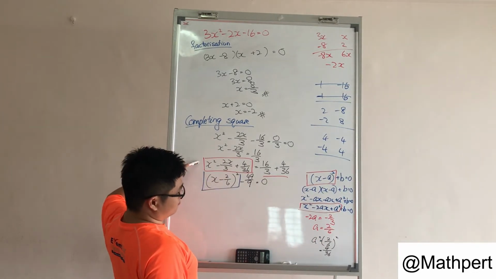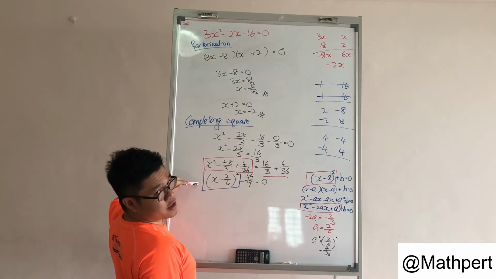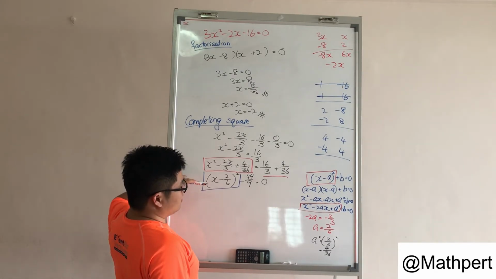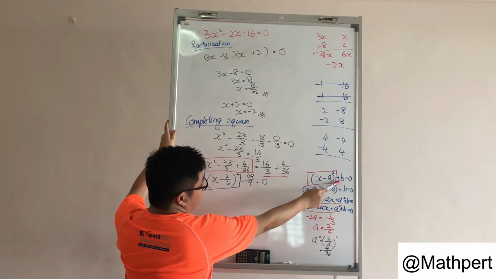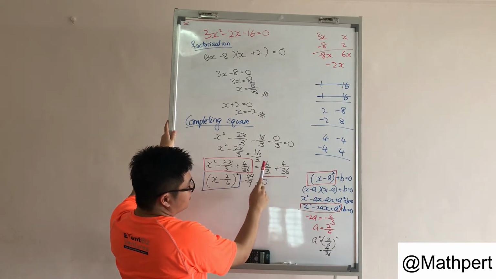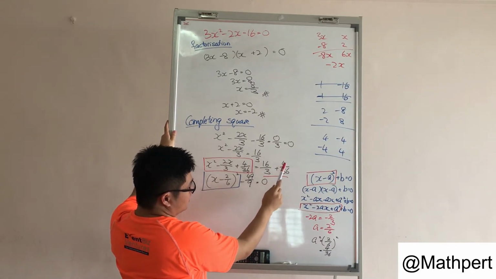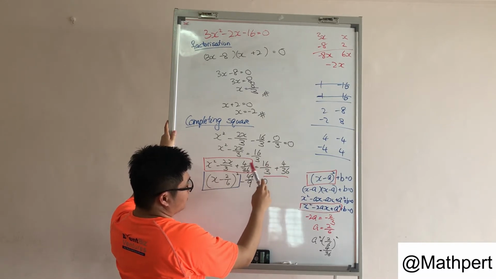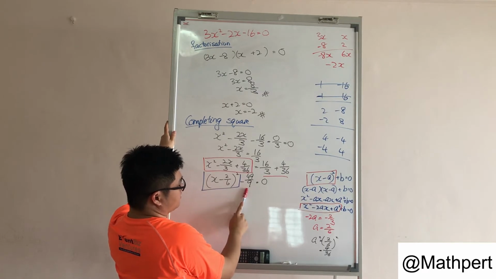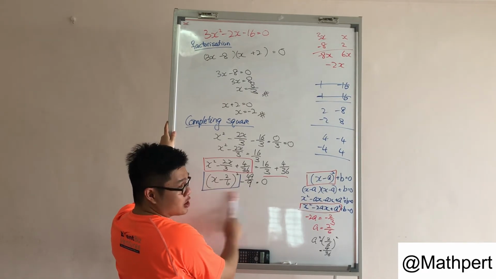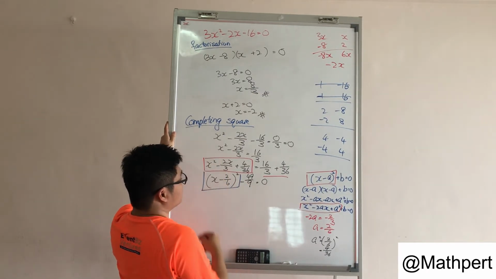Then for the b, it is the constant. 16 over 3 plus 4 over 36 becomes 49 over 9. Move it to the left hand side. So this is the general form of completing the square.